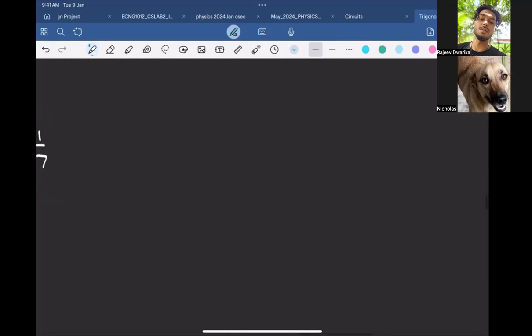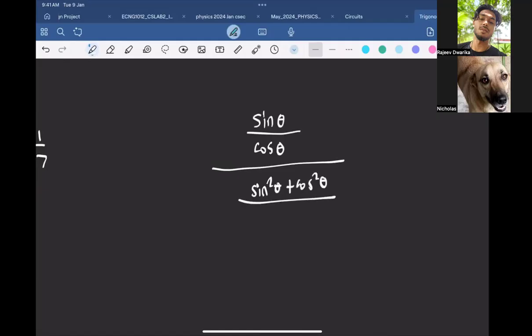Because sometimes you'll see something like sine theta all over cos theta, all over sine squared theta plus cos squared theta all over sine squared theta. You're going to see things that look like this. How are we going to interpret this?